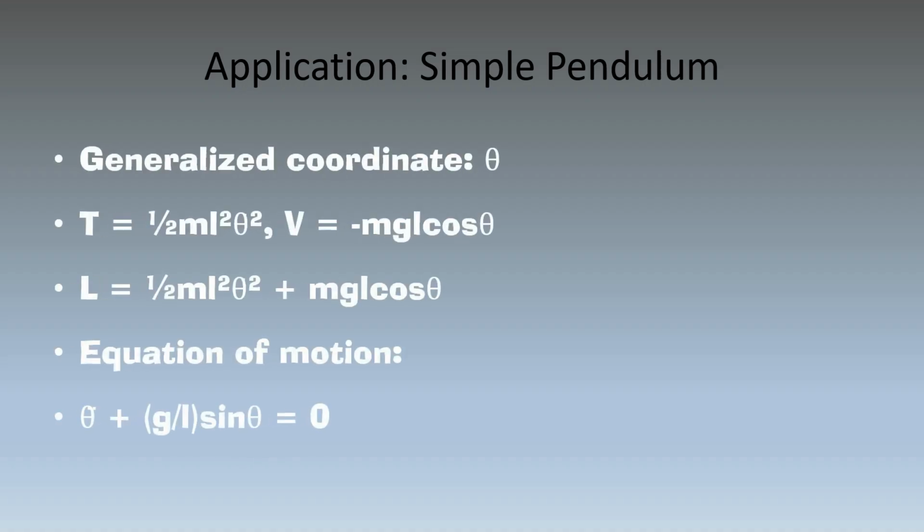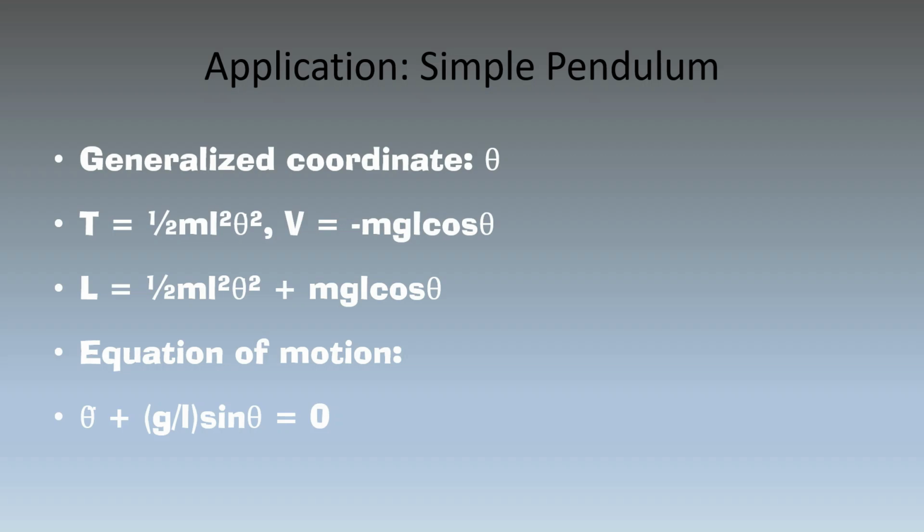So what are the applications of Lagrangian formulation? The first one is the simple pendulum. In the simple pendulum, theta is the generalized coordinate. Kinetic energy is 1 by 2 m l square theta dot square, and similarly potential energy is minus m g l cos theta. So we know the formula for Lagrangian: L is equal to kinetic energy minus potential energy.